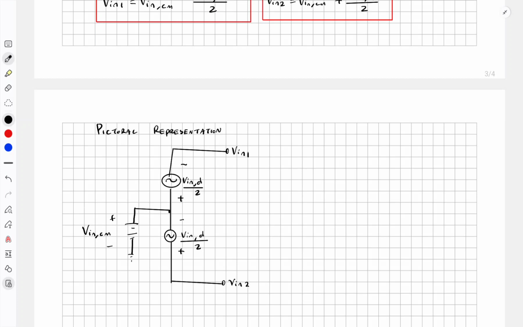It could be AC as well, but usually the common mode part is DC. And likewise, V in D does not need to be an AC signal, but usually it is. So just note that.